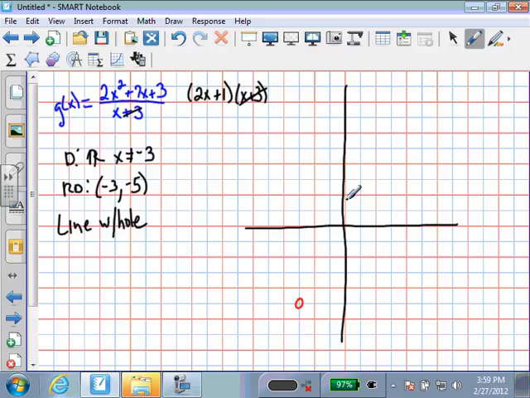The y-intercept is 1, and the slope is 2. Indeed, it is a line with a hole in it. Very nice.